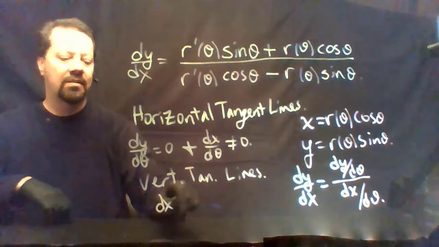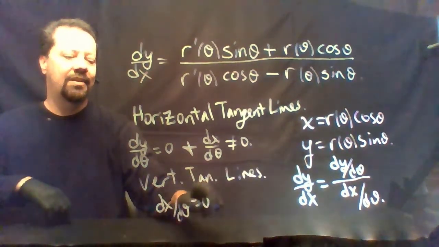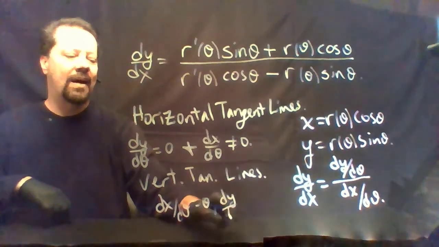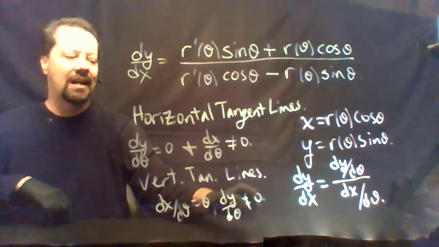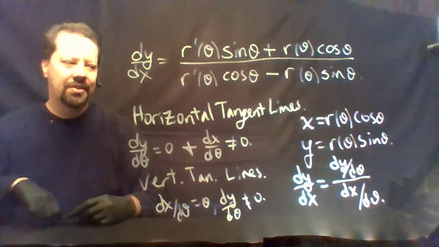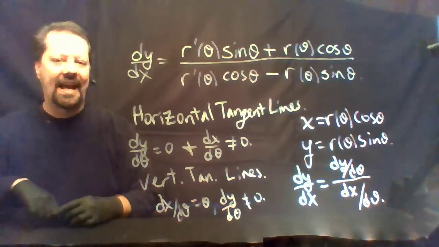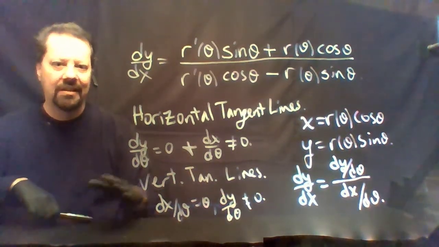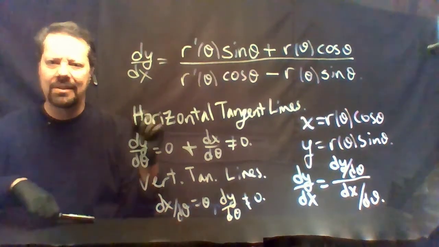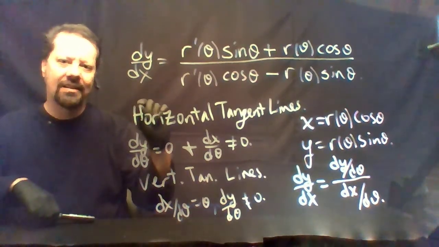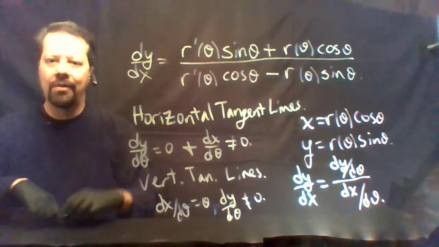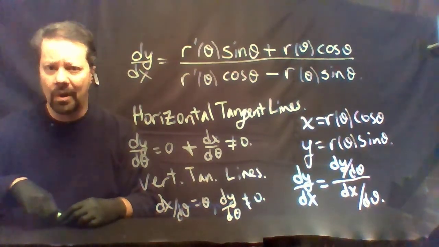They'll occur when dx d theta is 0 and dy d theta is not. Notice that if both dy d theta and dx d theta are 0, that gives no real idea of what's going on. We know that in the context of limits, 0 over 0 just means more work.